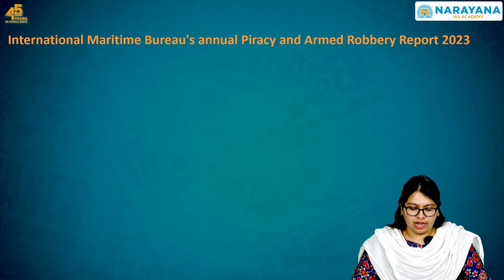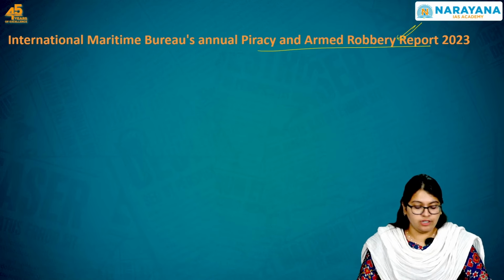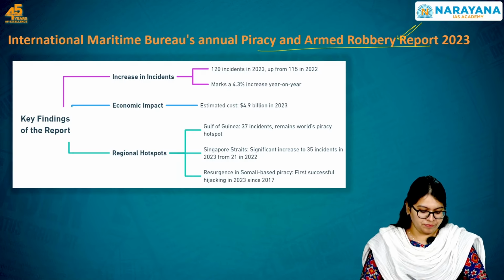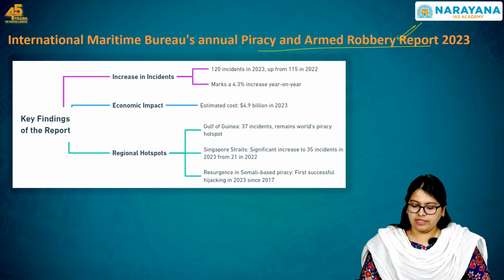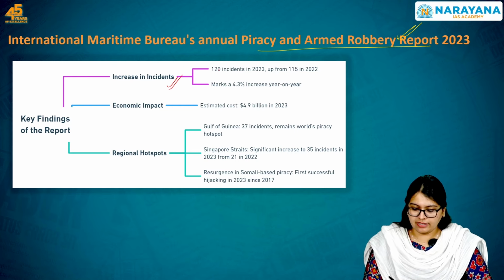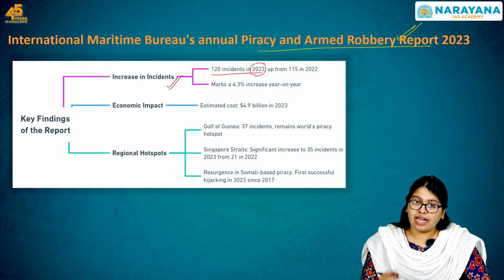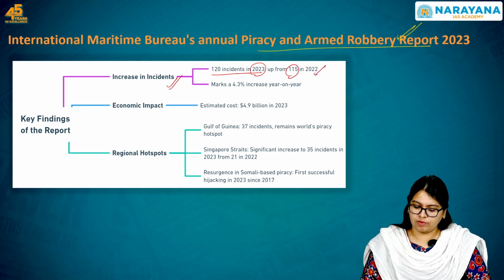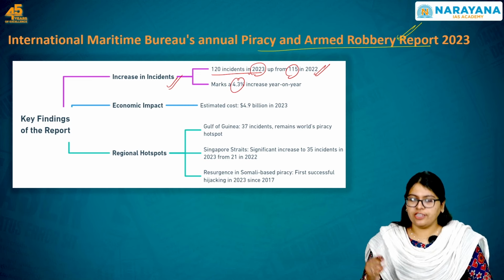Now, let us understand what the International Maritime Bureau's annual piracy and armed robbery report talks about. Okay. This report has observed an increase in incidents of piracy, around 120 incidents in 2023, increased from 115 incidents in the previous year, 2022, and this marks almost a 4.3% increase year on year.